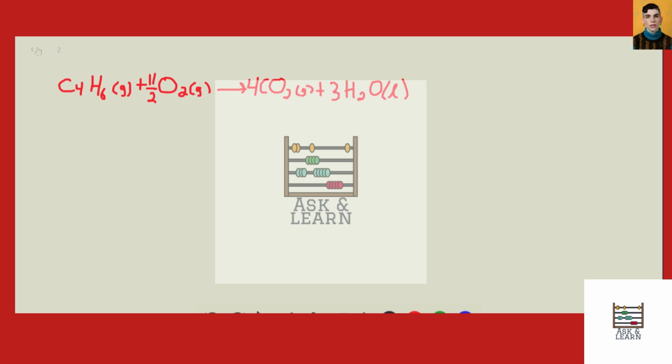So now we're going to look at the delta H value. Remember Hess's law: delta H reaction is equal to delta H of products minus delta H of reactants.